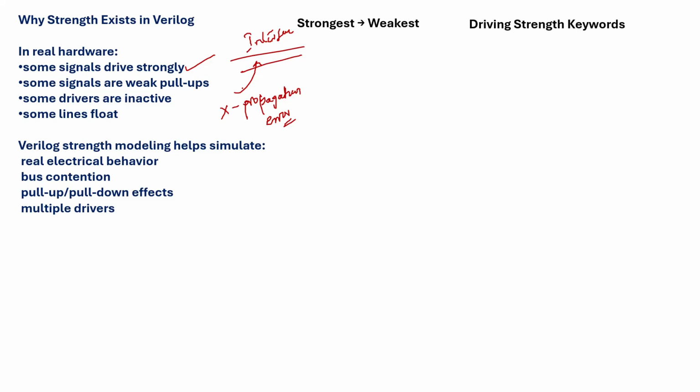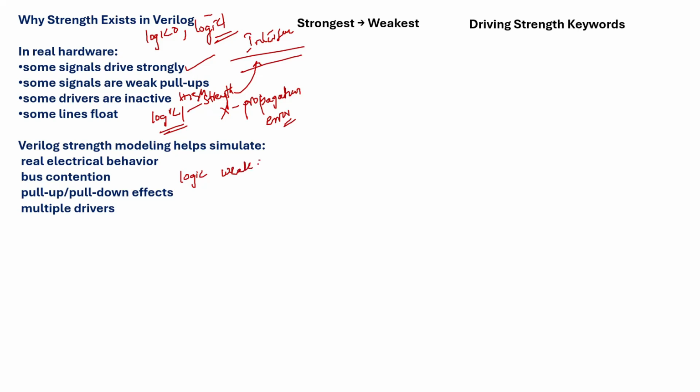In our Verilog, two logics are there, logic 0 and logic 1. Suppose someone is driving logic 1 with high strength, and logic 0 is driven with weak strength.